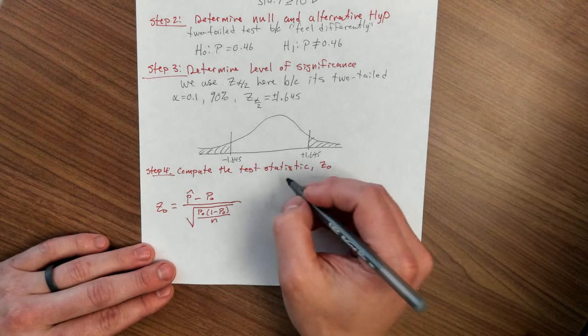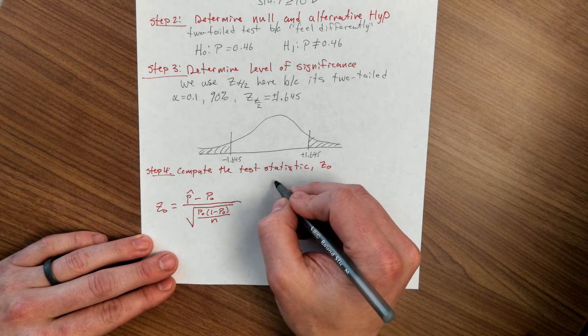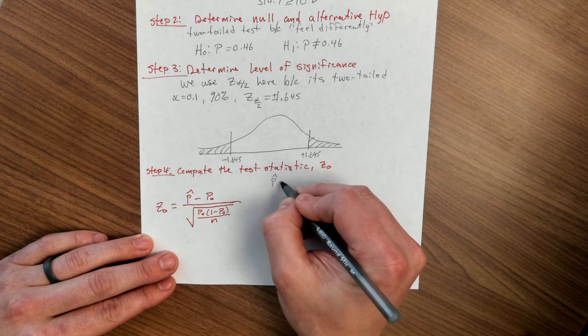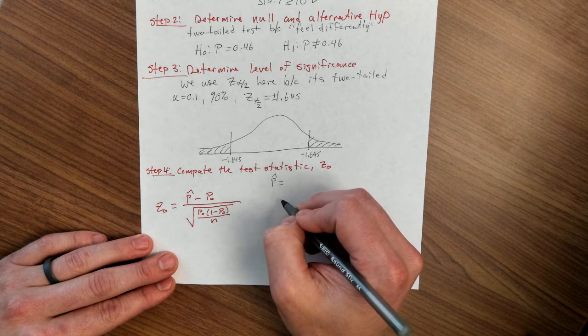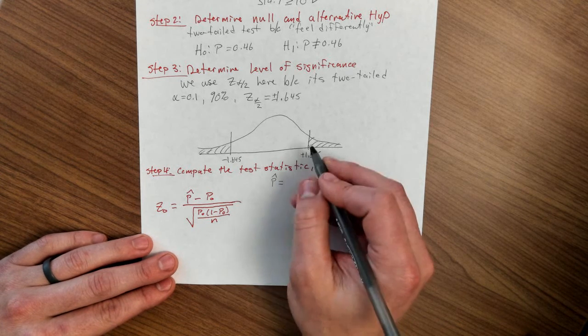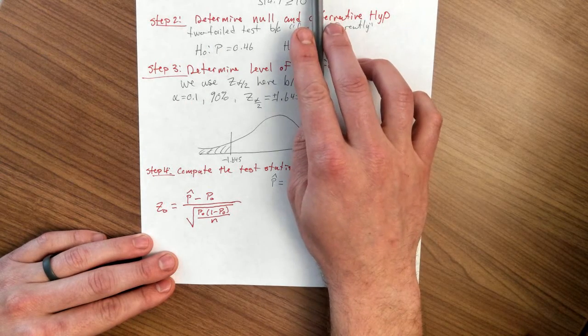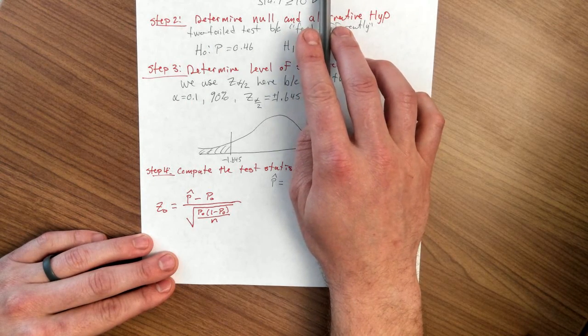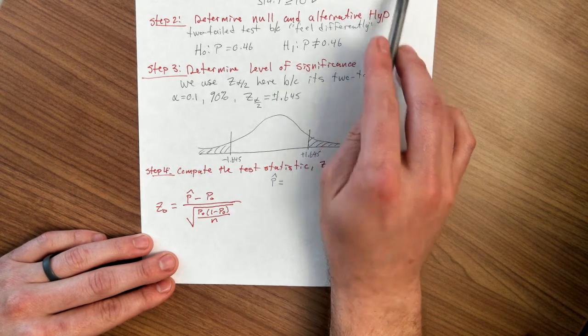And so p-hat is the sample proportion. Remember, make sure you're comfortable with p-hat, x-bar, and all of those things. In the problem it tells us 559 believe in protecting the right to own guns, and 1,267 were selected.